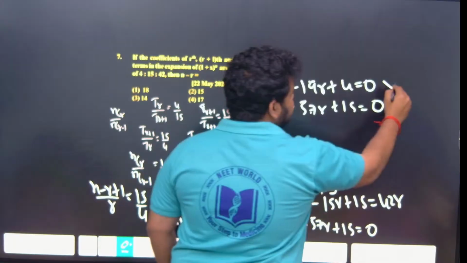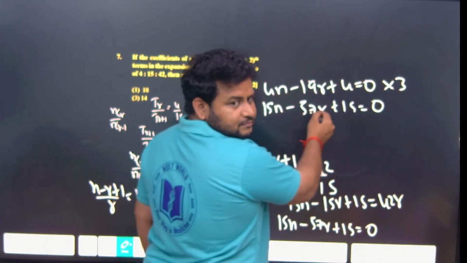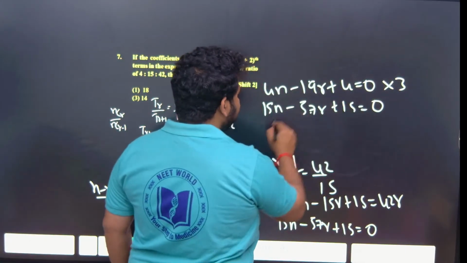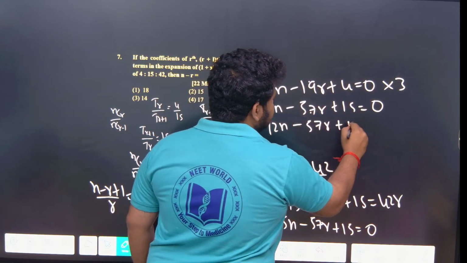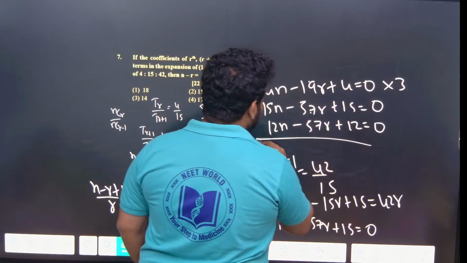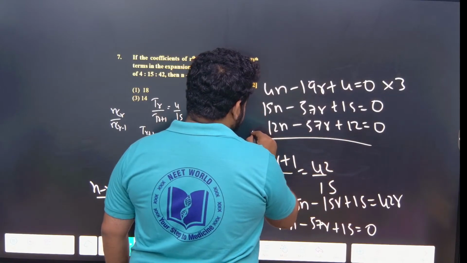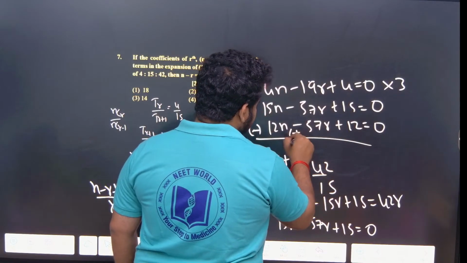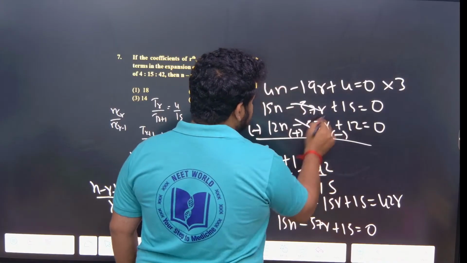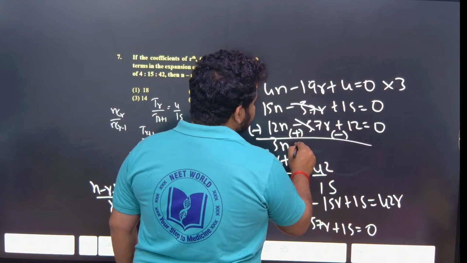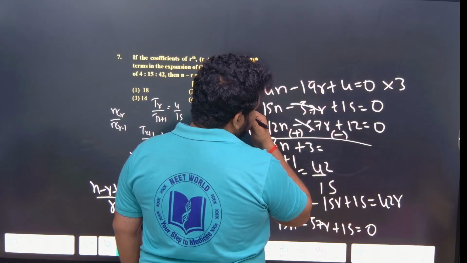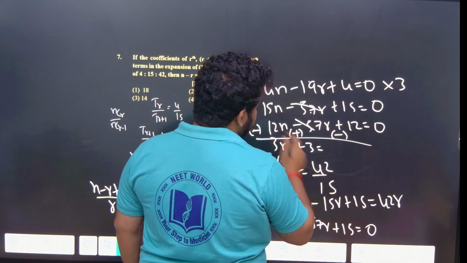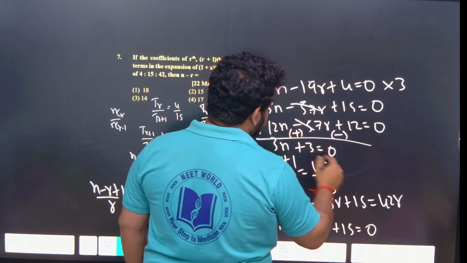I can multiply the first by 3 to get 57: 3 times 4 is 12n minus 57r plus 3 times 4 is 12 is equal to 0. Now subtract, opposite signs, so this and this will cancel. This will be 3n plus 3 is equal to 0. Correct now?